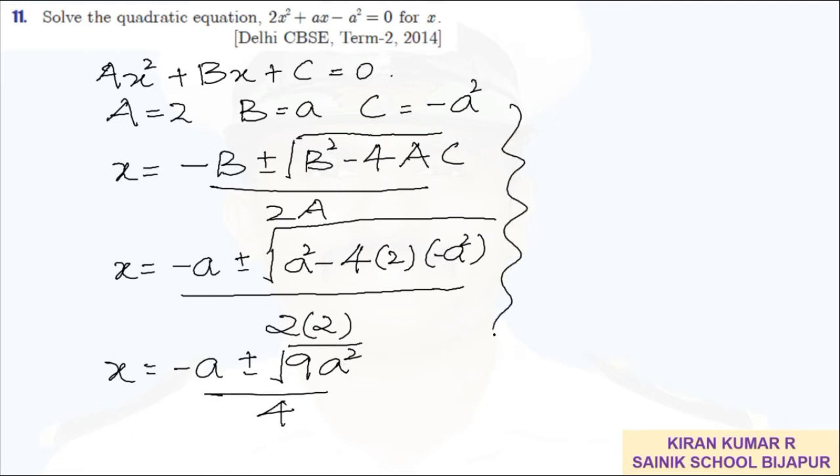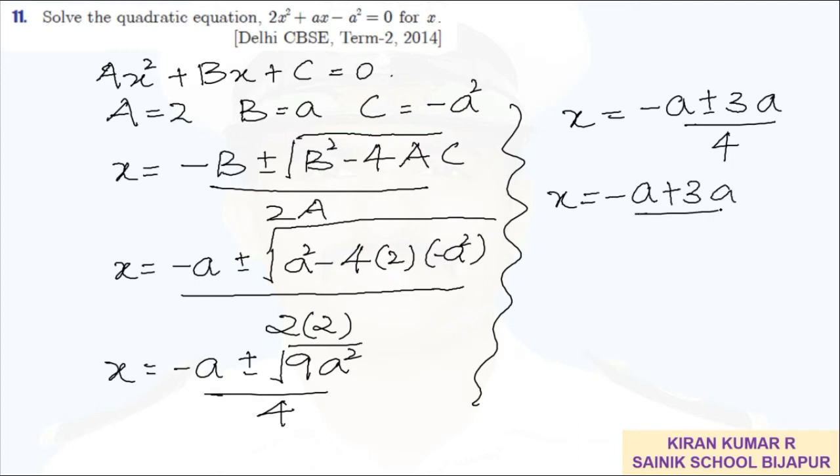Let me continue here. X will be minus a plus or minus root 9a square, which is nothing but 3a, divided by 4. So the two roots are negative a plus 3a divided by 4, or negative a negative 3a divided by 4.